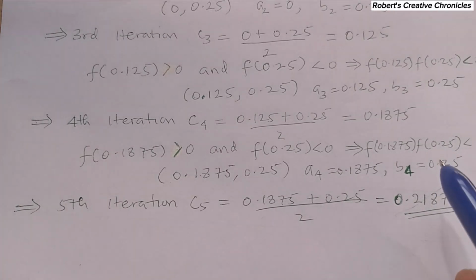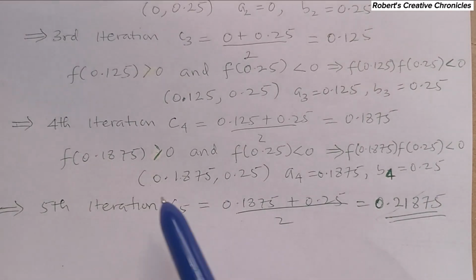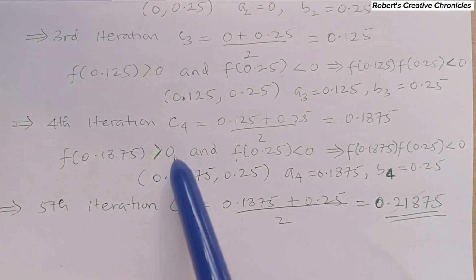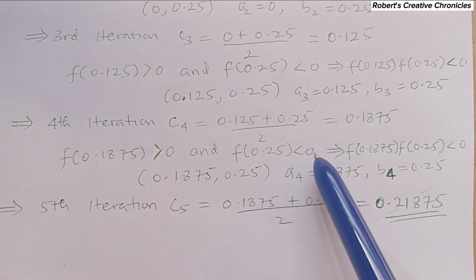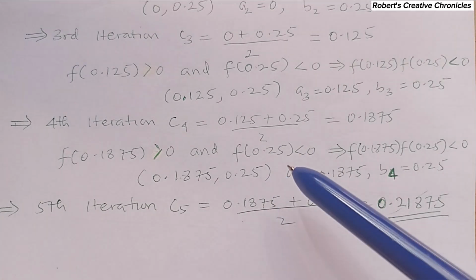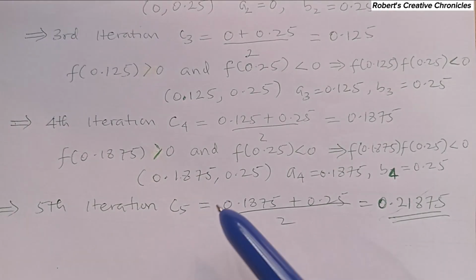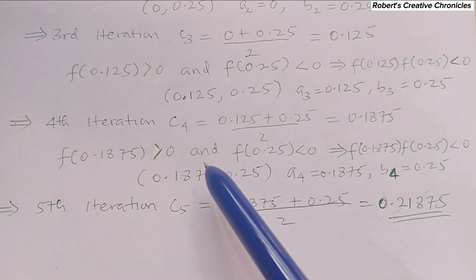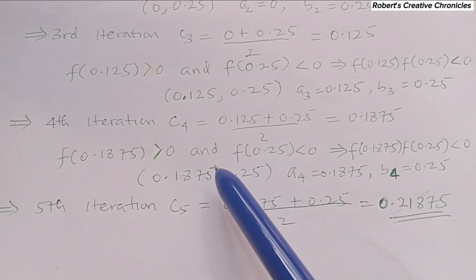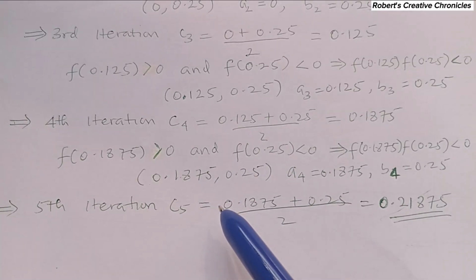The reason why we specify that one function should be less than 0 and the other should be greater than 0 is so that the root always will lie in the interval that we're going to use. Because if 2 of them are greater than 0 or 2 of them are less than 0, the root will not lie in that interval.